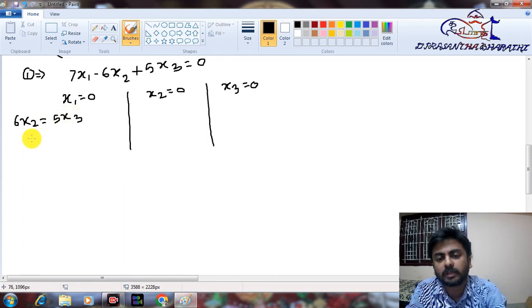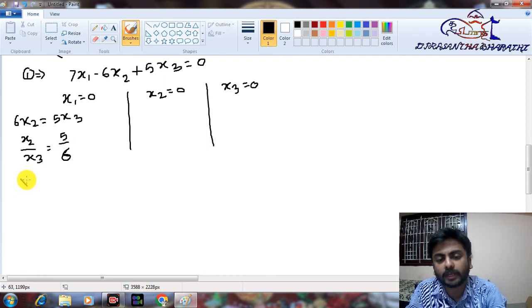So we will get x2 by x3 equal to 5 by 6.